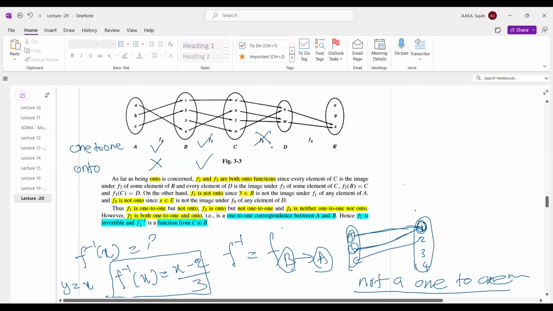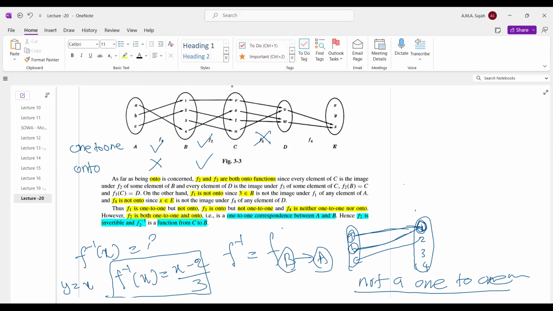So the function f3 is not one-to-one. Why? I already told you, if it is one-to-one, two different elements in the domain don't have the same image, right? But just look here, two different elements R and U have the same image B. Because of that, it is not a one-to-one function. The thing we need to find out is why it is not one-to-one.